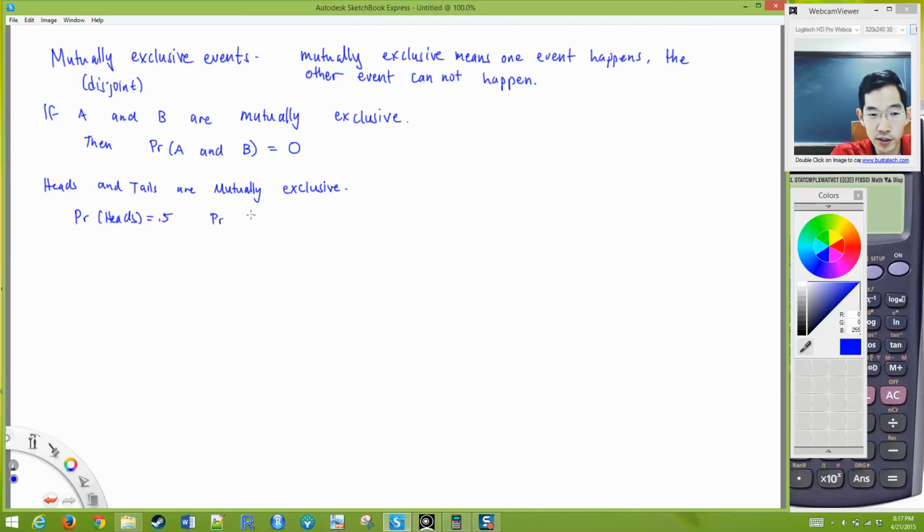Probability of tails in our simplified worldview is 0.5. But the probability of heads and tails is equal to 0. What is the probability that the coin lands heads or tails?